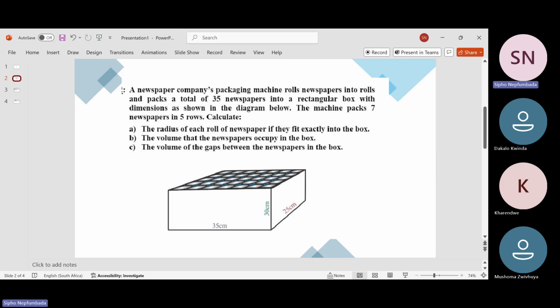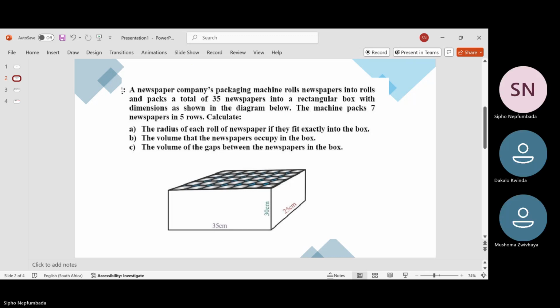Hello, how many newspapers do we have? We have a total of 35 newspapers.